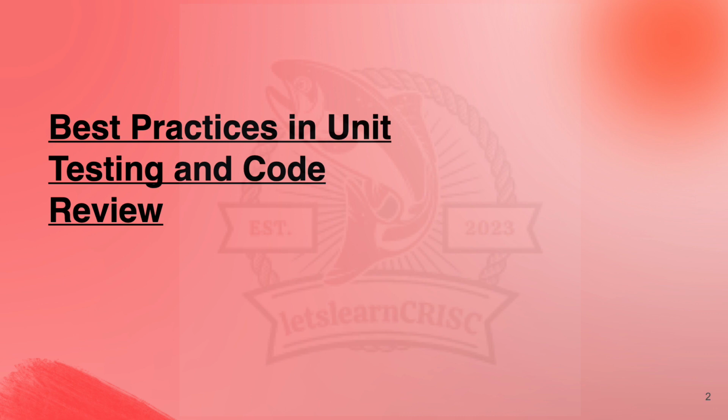In this video, we will explore the importance of unit testing and code review, the best practices to follow, and the impact they have on the overall quality of software and system functionality. By the end of this video, you will have a clear understanding of why these processes are crucial and how they contribute to the success of any software development project.